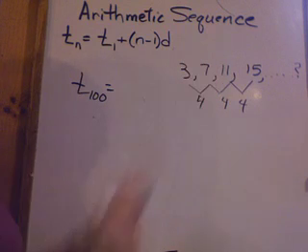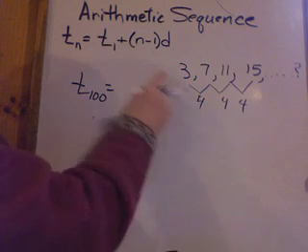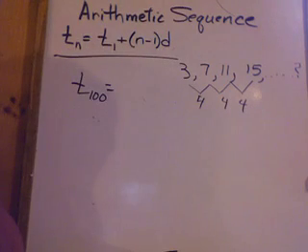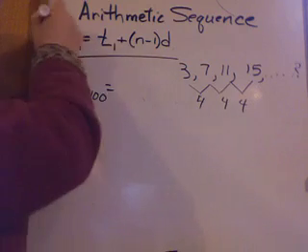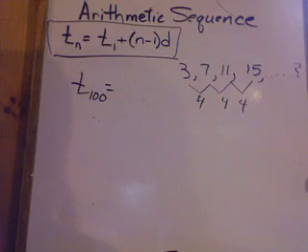I could keep adding 4 until I get to the 100th term. That'd take a little bit of time. If you have a formula for a sequence, you can use the formula to find the specific term that you need. So how do I use this general formula to write a formula for that particular sequence?